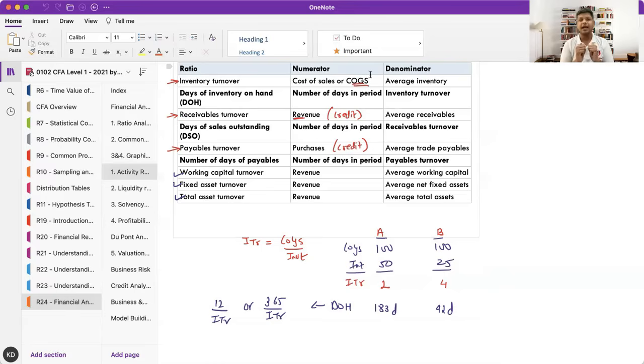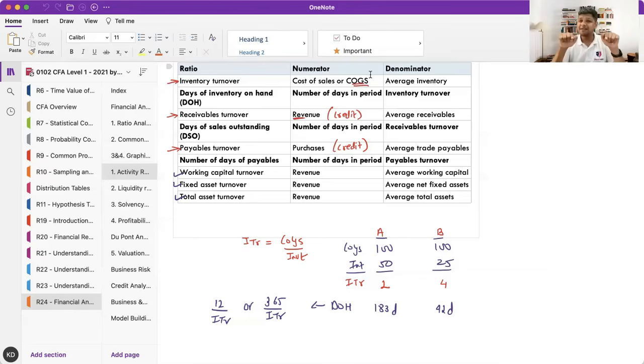So if your receivables turnover ratio is higher, your days of sales outstanding, meaning how much of the receivable is yet to collect, will be low. You want that less, right? Good sign? Efficiency? Yes. If your turnover ratio is low, then too much amount of receivables will be pending, which is a bad sign.